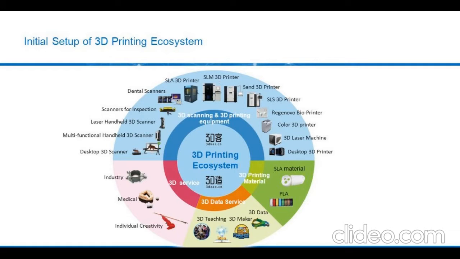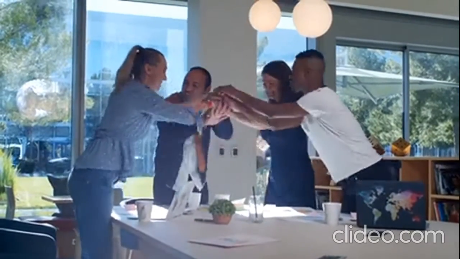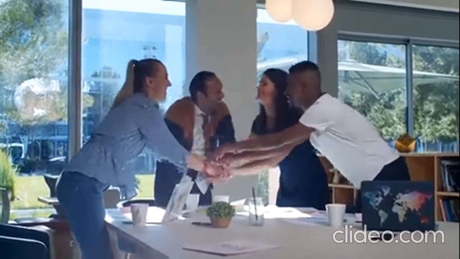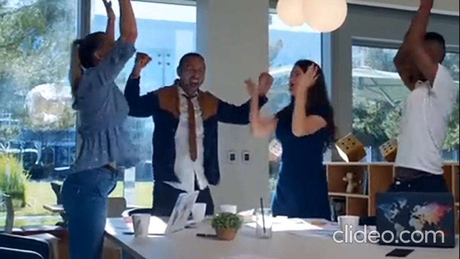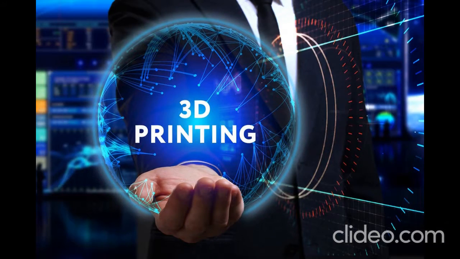The most problematic and often forgotten elements in the ecosystem are the broken pathways meant to connect each domain to the others, which prevent realizing the potential of 3D printing.